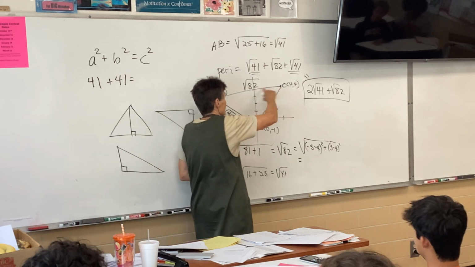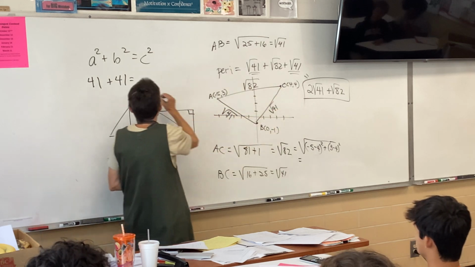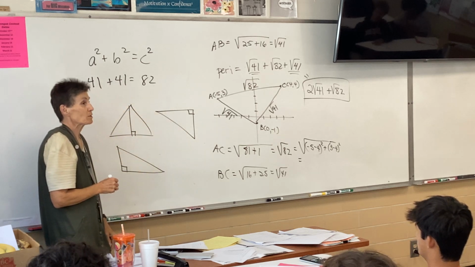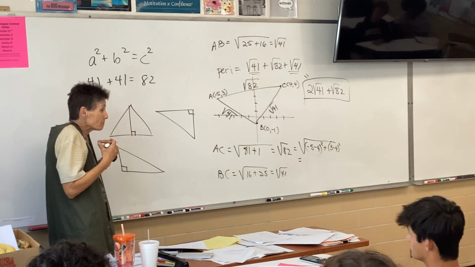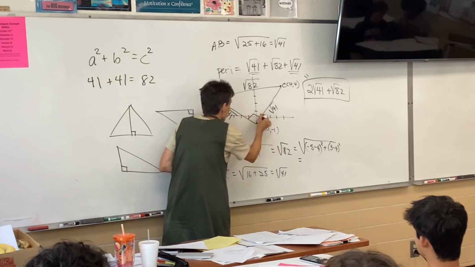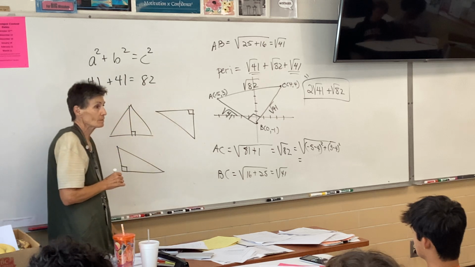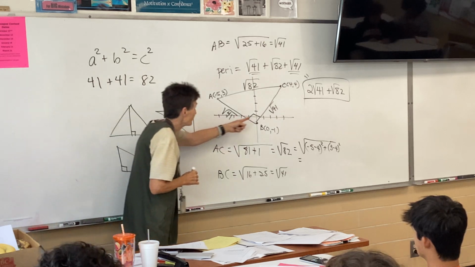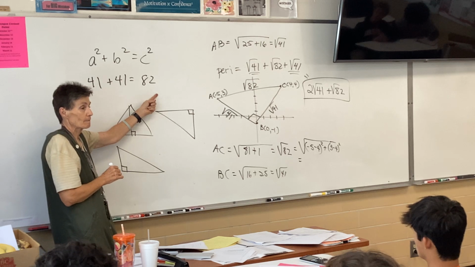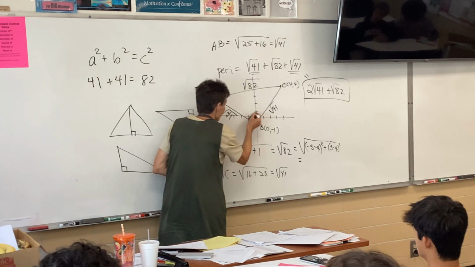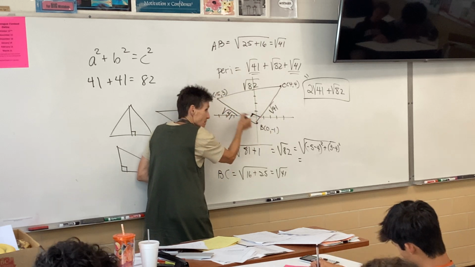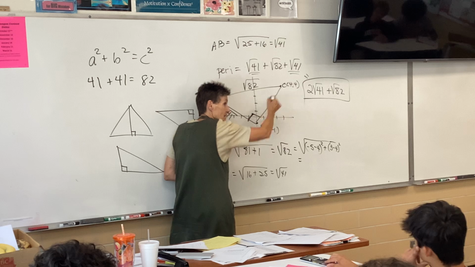And if that's side C, we get 82. Is that a true statement? Which means, we didn't know it, mine doesn't really look like it, maybe yours does, but this is a right triangle, because the Pythagorean theorem worked. So here is my perpendicular right here, which makes one of these the base and the other one the height.